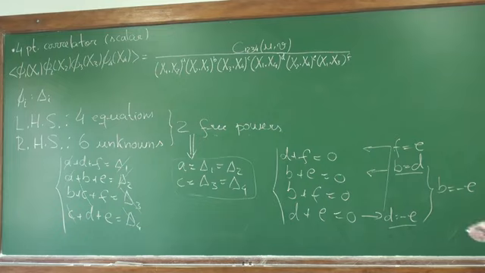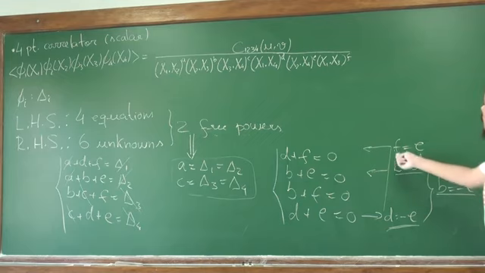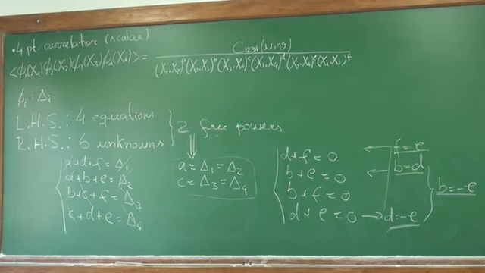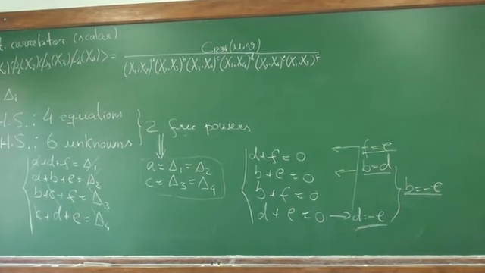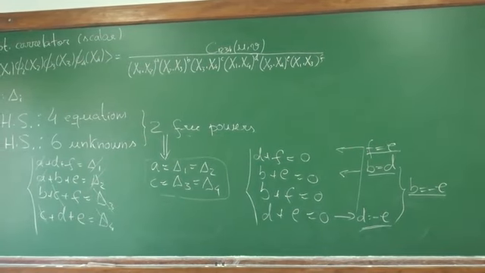I'm just determining D equals minus Z, B equals minus Z, and F equals Z. I think that is correct. E equals minus B. That is correct. So, what does this imply here?